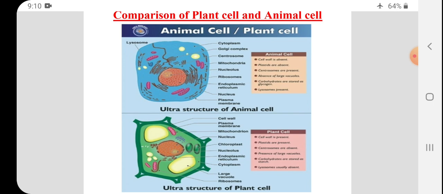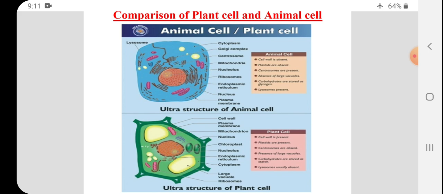Lysosomes are present. Lysosomes are called the suicidal bag, the organelle which will engulf all unnecessary materials within the cell. Now let's have a look at the plant cell.